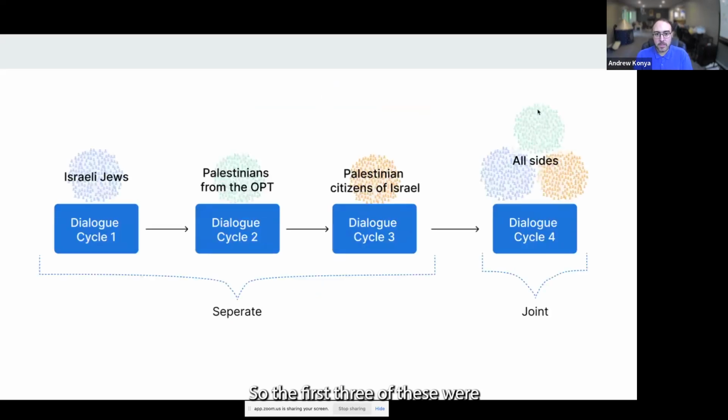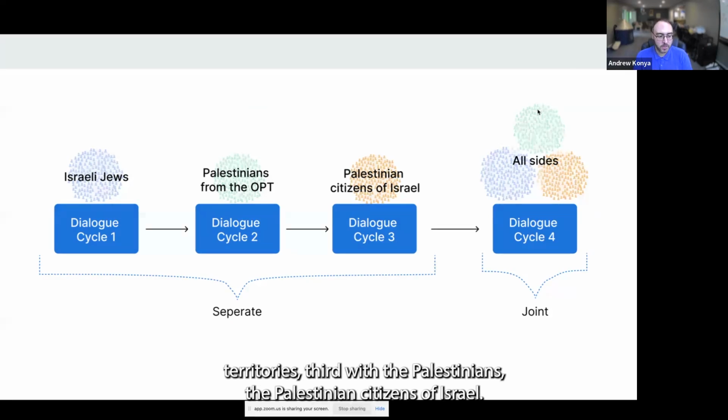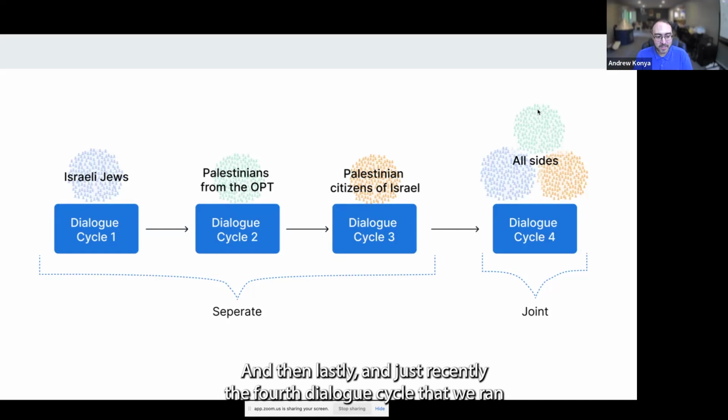The first 3 were with each side separated, in different cohorts: first with Israeli Jews, second with Palestinians from the occupied territories, third with the Palestinian citizens of Israel. Lastly, and just recently, in the 4th dialogue cycle, all participants from all sides participated simultaneously. This led to the results that Natalie will walk through.